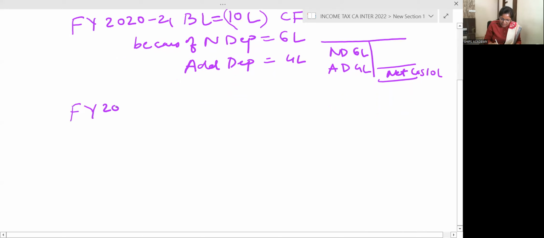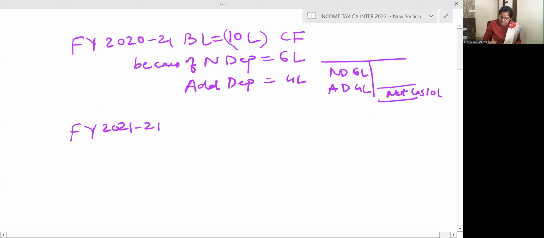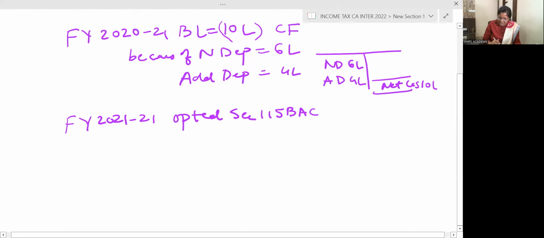Now in this financial year, you have opted for section 115BAC. And this year, your business income is say 25 lakhs.